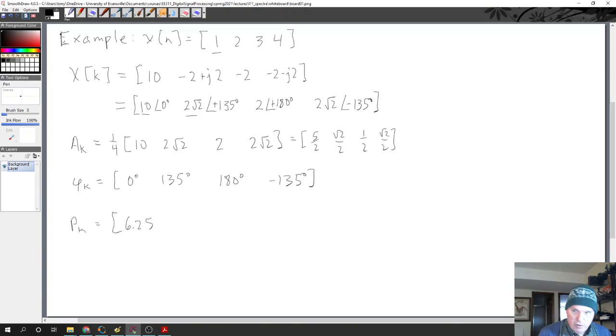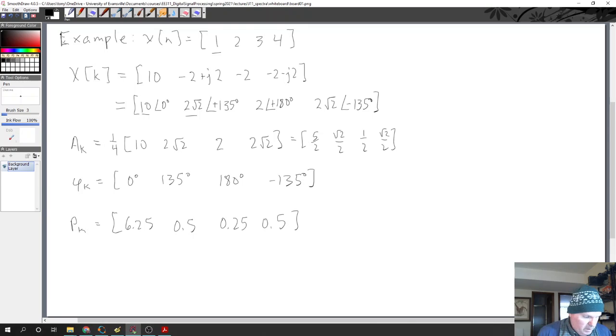And then square root of 2 over 2 squared is going to be 2 over 4, or 1 half. And then 1 half squared would be 1/4. And then this is going to be a half again. So this would be the amplitude, phase spectra, and power spectra.